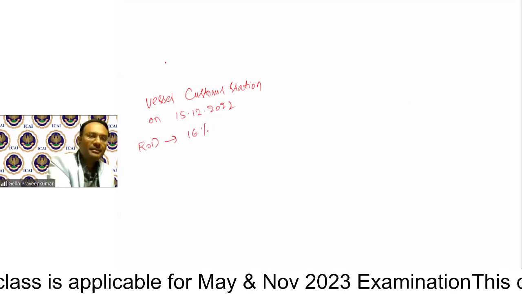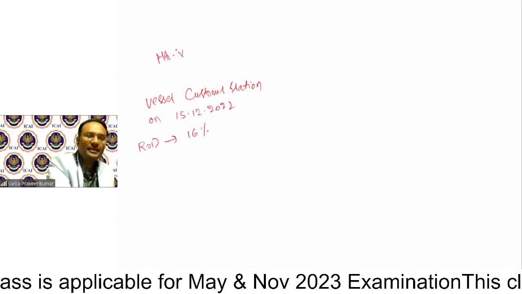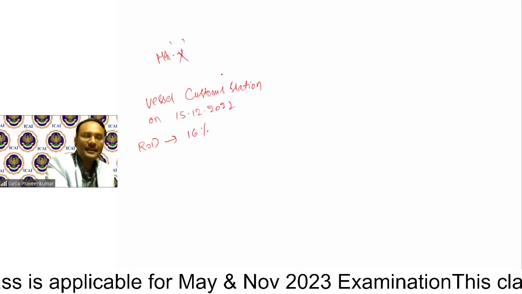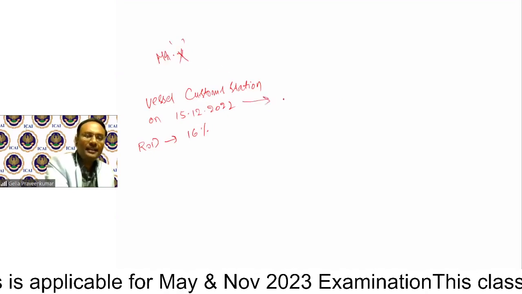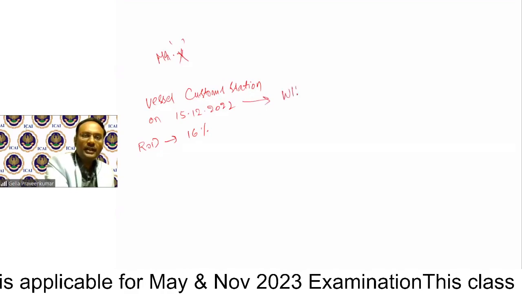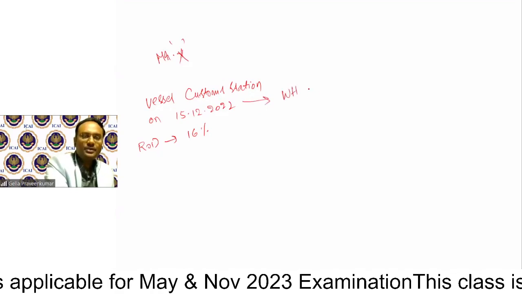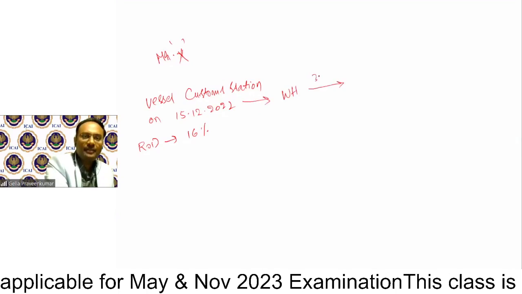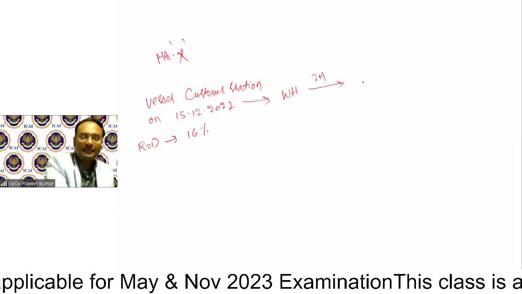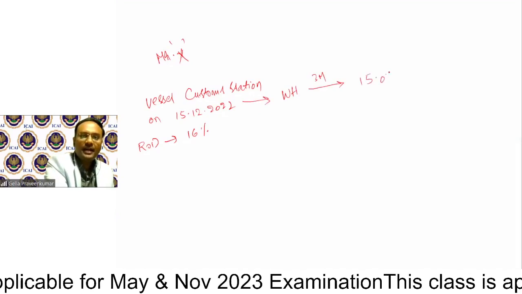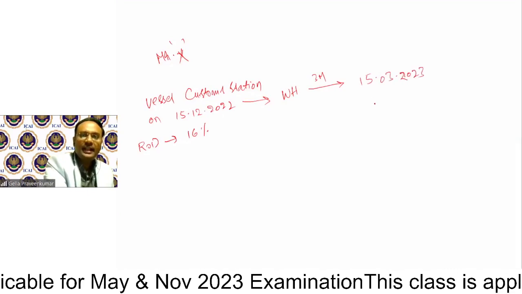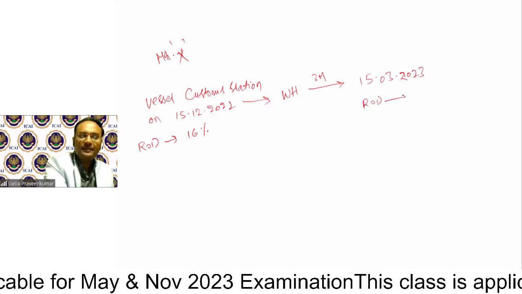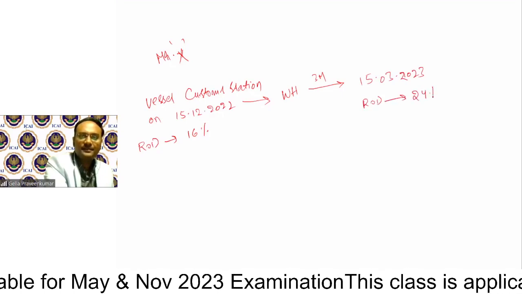Say Mr. X happens to be an importer. He filed an application to take it to a bonded warehouse, and these goods were kept in the bonded warehouse for 3 months. At a later point in time, say on 15th March 2023, the rate of duty happens to be, say, 24%.